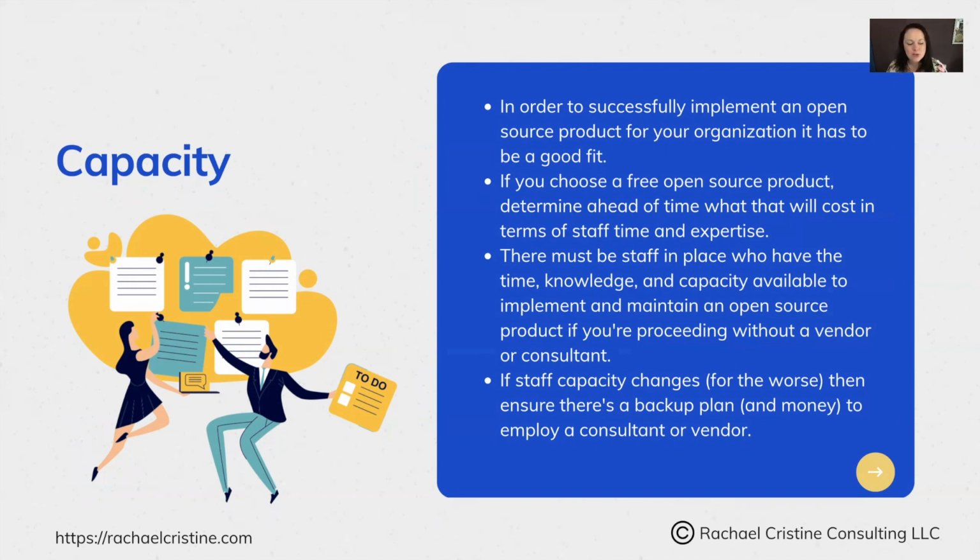And if you choose a free and open source product, you need to determine ahead of time what it will cost in terms of staff time and expertise. So, those were part of our decision making factors, and we need to make sure that we stay cognizant of them and periodically review them to make sure that we are still maintaining capacity to support this collections management system.